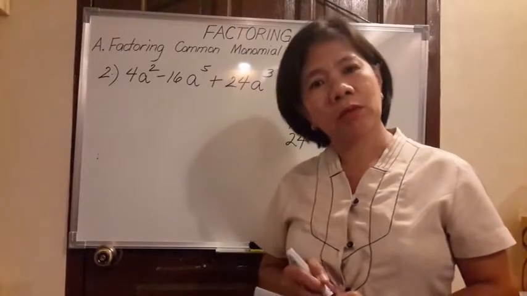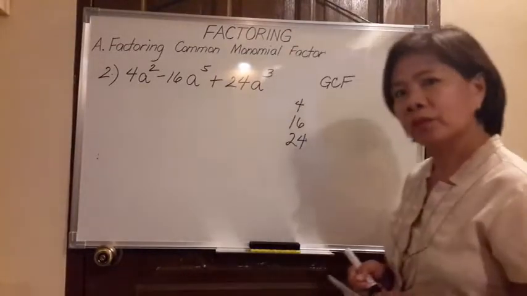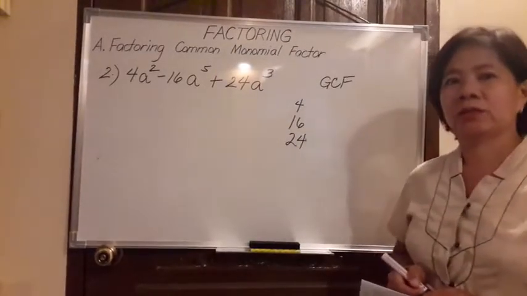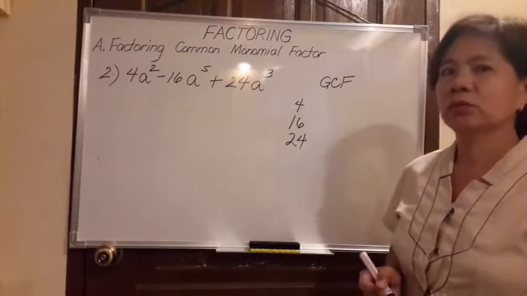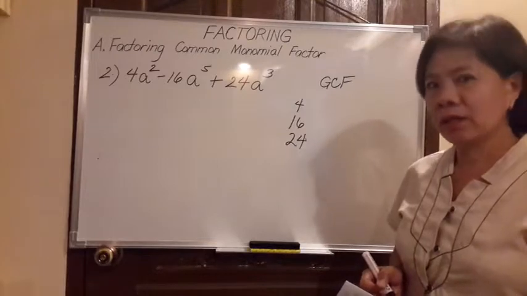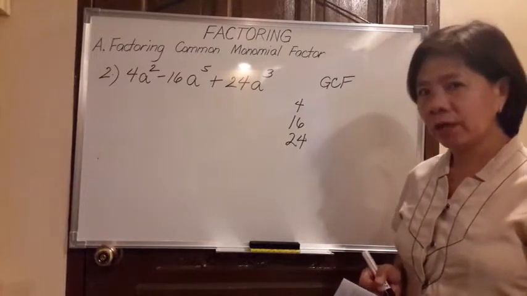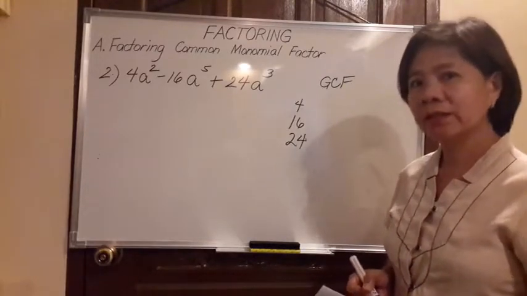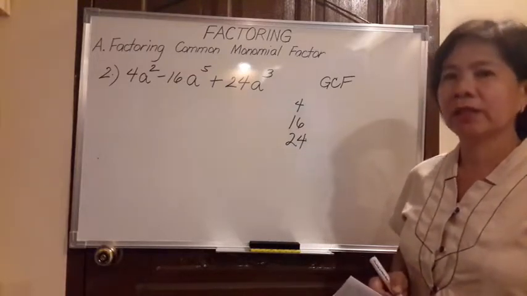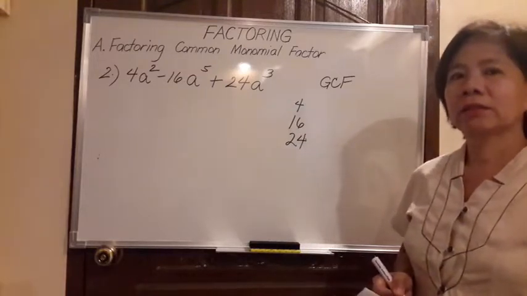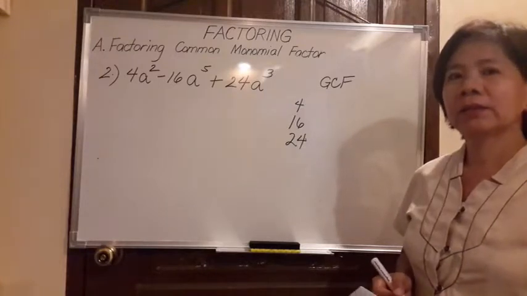Will you give an example of a prime number? Yes, 2 is the lowest prime number. Aside from 2, we also have 3, 5, 7, what else? 11, and 13.